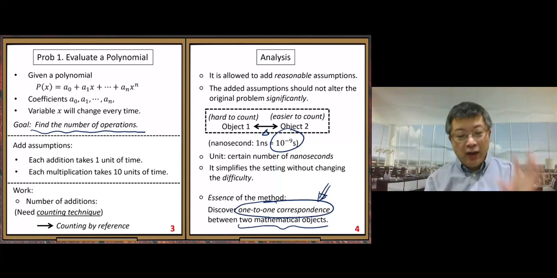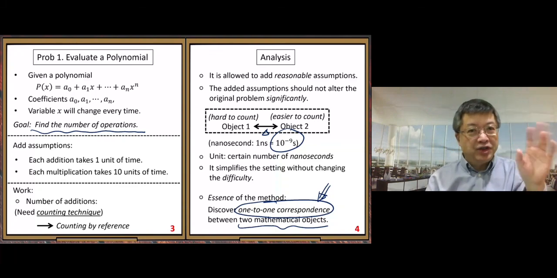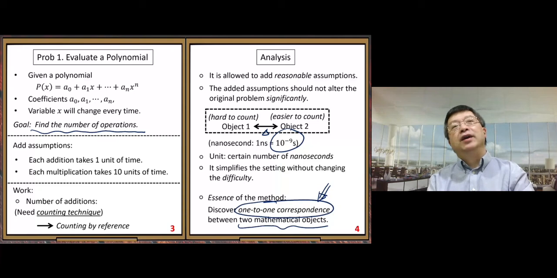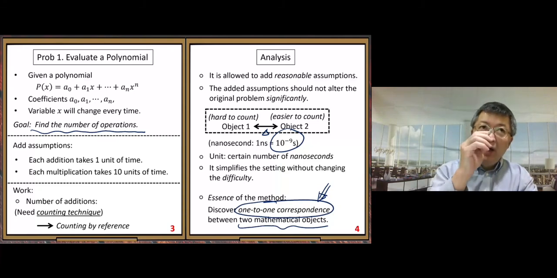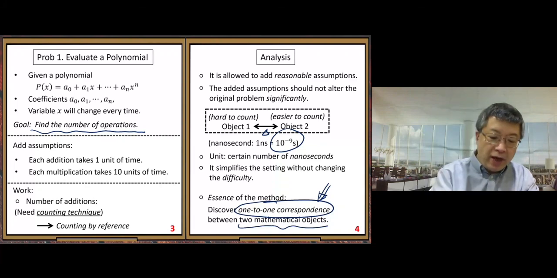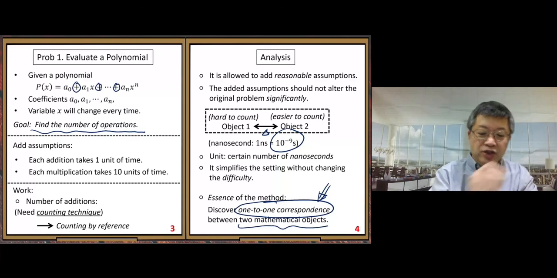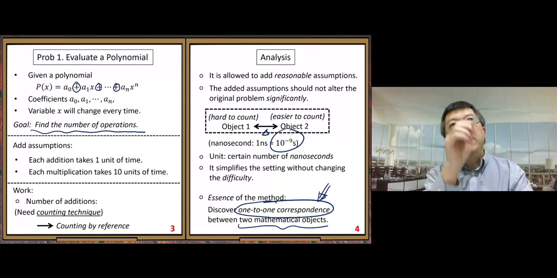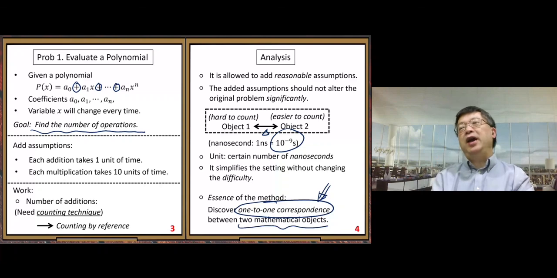Now, back to this example. Let me explain the one-to-one correspondence here. First, look at what our goal is. We want to count the number of additions, the plus signs. In this expression, we want to count how many plus signs we have.